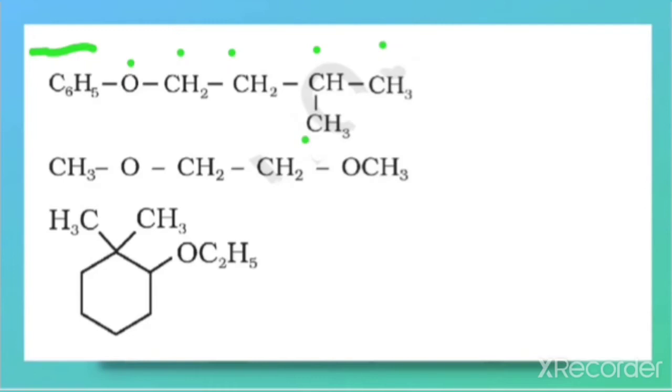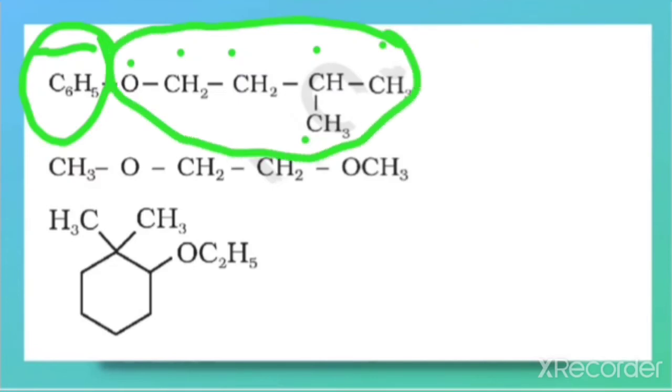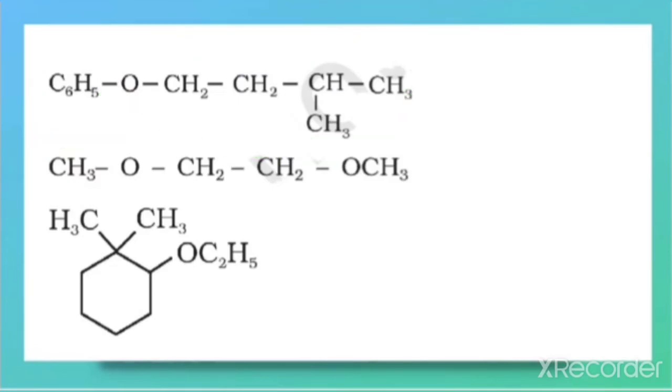Therefore we can say that this is the main chain here, so this one will be the substituent. So here the main chain is benzene. Now how do we name the substituent? Because the substituent R is not a straight chain, there is a branching also. So first of all, name this substituent here.